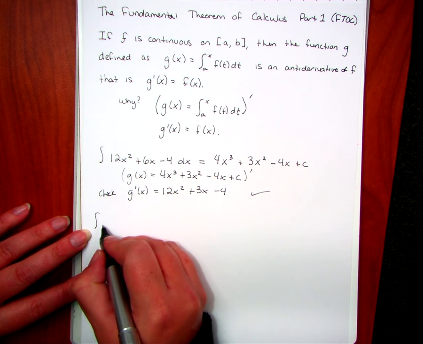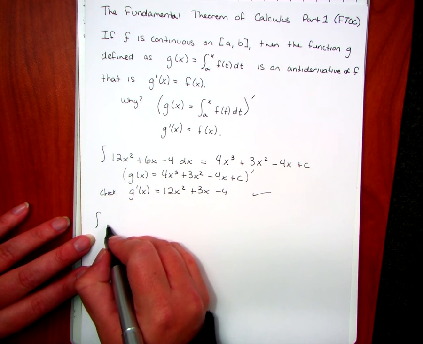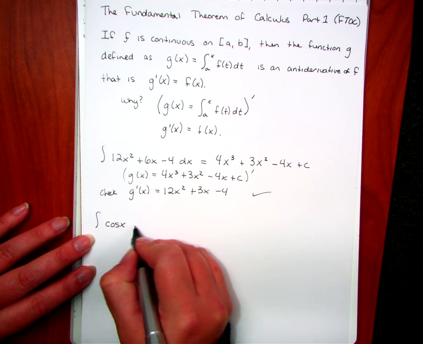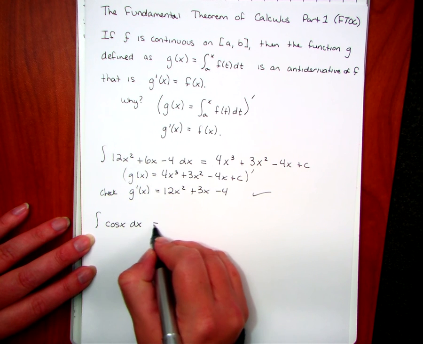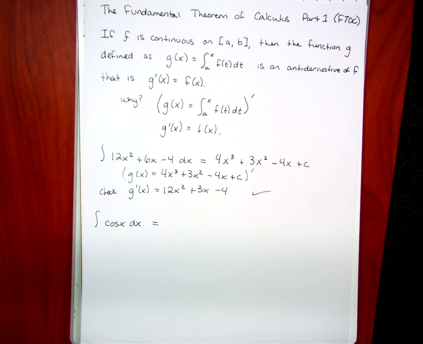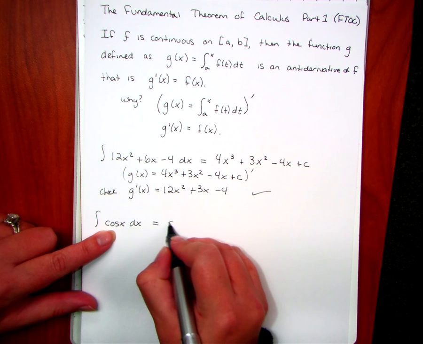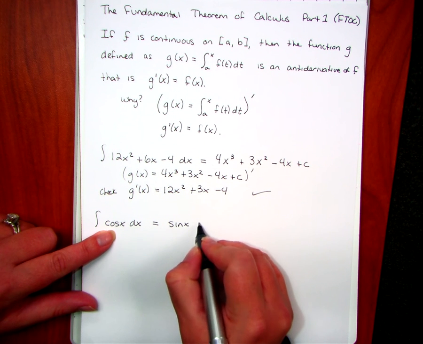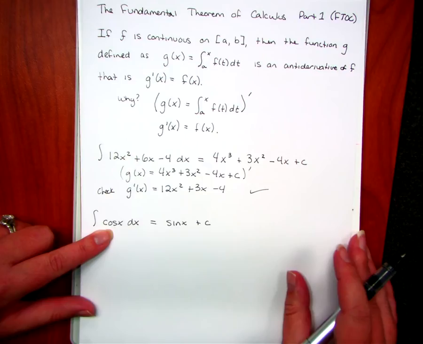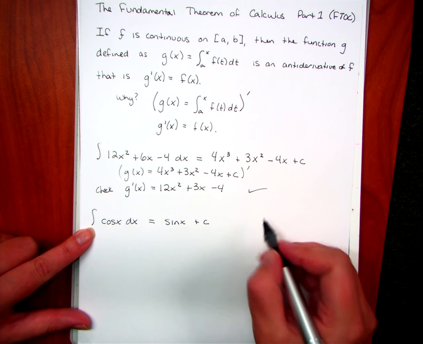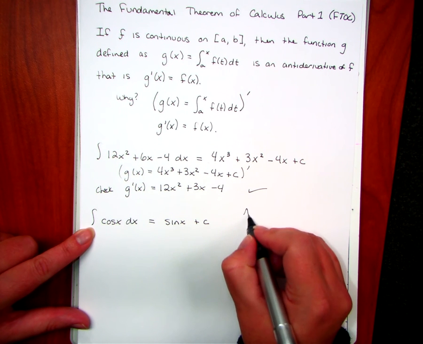So let's go ahead and do the integral of cosine x dx, right? And we just want to know what the antiderivative of cosine is, right? So what do we need to differentiate to get cosine? Of course, it's sine plus c, okay? All indefinite integrals need a constant.